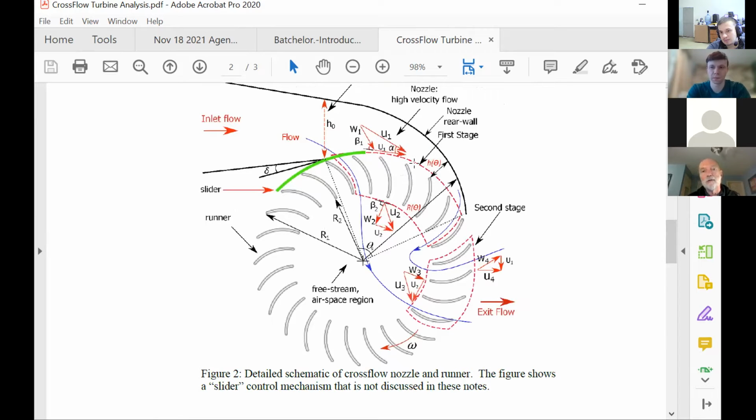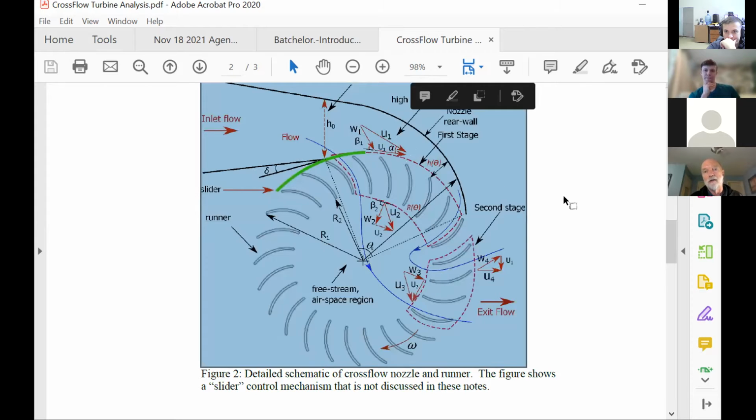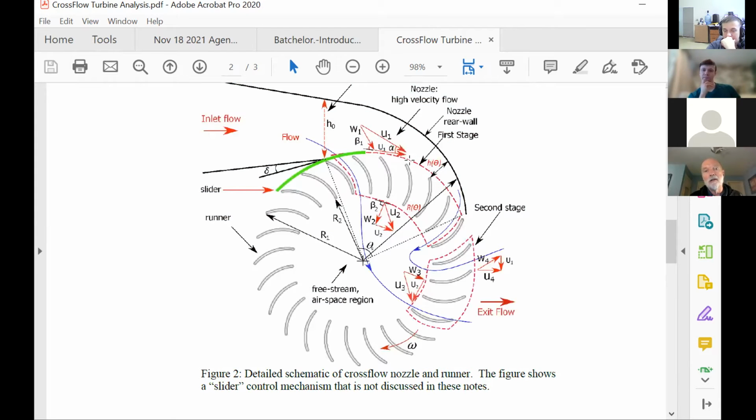In addition to the radial velocity, the water has a circumferential velocity. And that circumferential velocity gives it the angular momentum that we need to extract torque. So when we do a control volume analysis, we often have to distinguish between the velocity components that cross the boundary of our control volume, sorry about that, and the other velocities which are often associated with conservation of angular momentum.